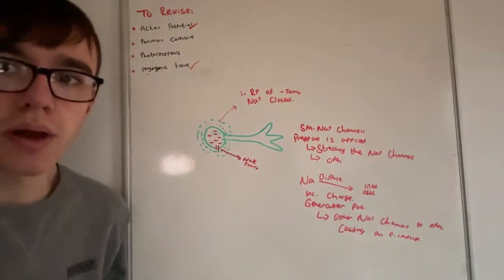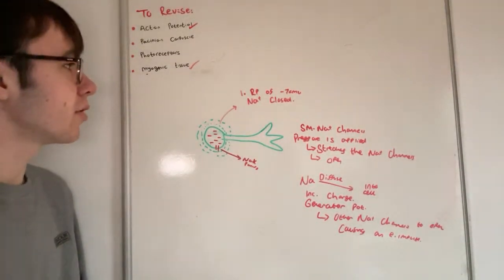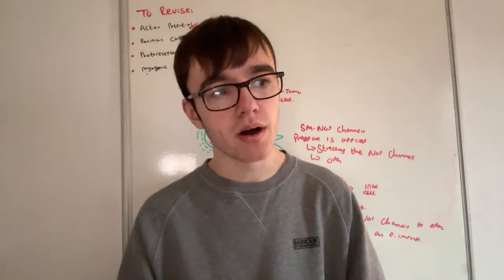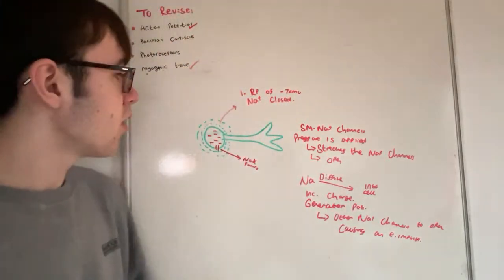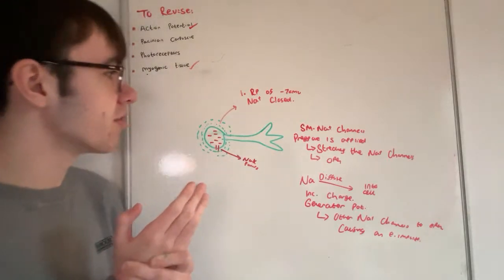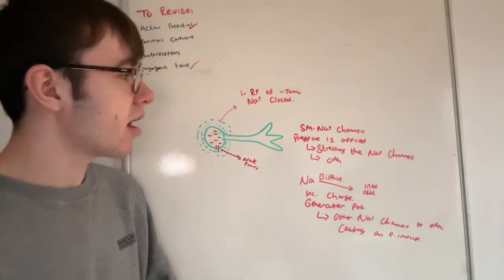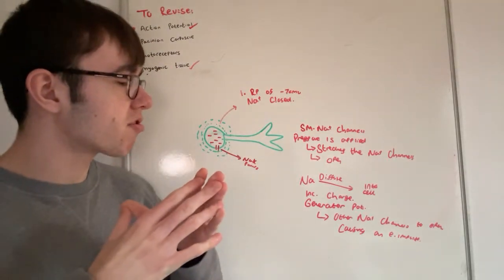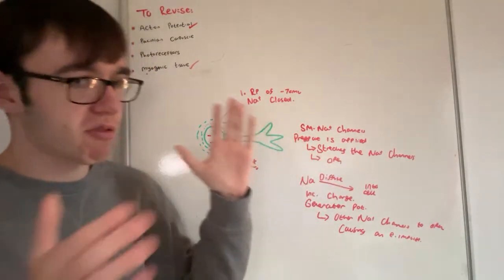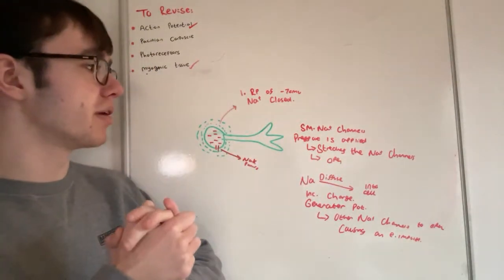So that is actually quite a lot to get down, but really it boils down to the resting potential starts off, as we know, at minus 70 millivolts. When pressure is applied, the stretch-mediated sodium channels are going to stretch open because pressure is applied and they're stretch-mediated.